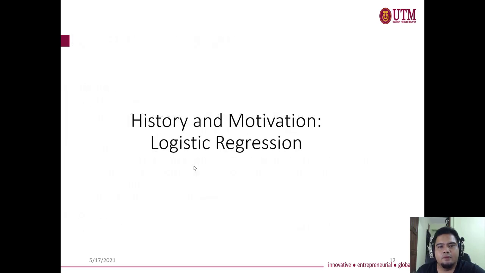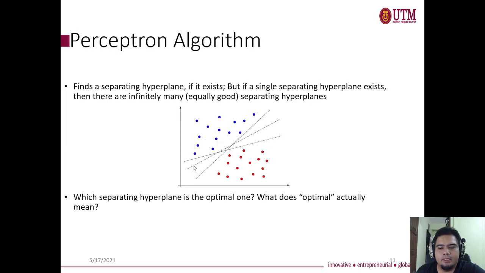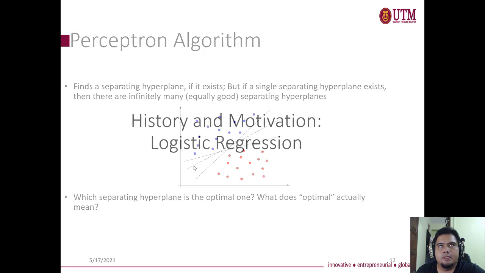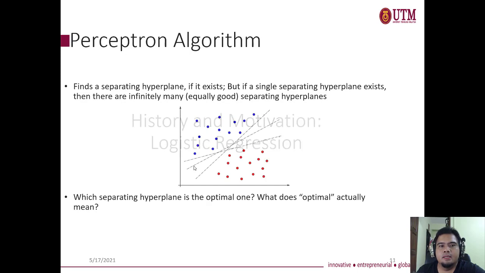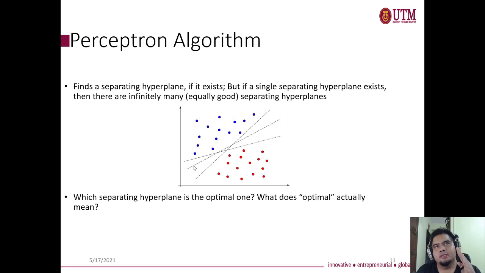But no matter whether it is a linear perceptron algorithm or logistic regression, one thing for sure is they both have the same disadvantage: they can only generate the boundary or the hyperplane if the input between class A and class B is well separated, like in these pictures.